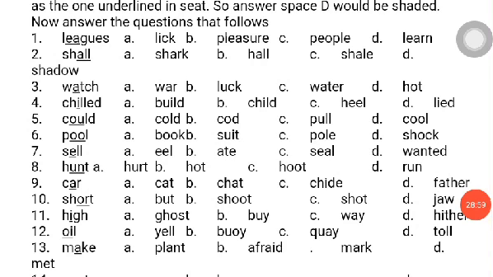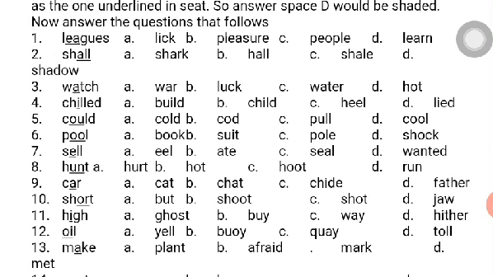So on our journey again to the question table, are you ready is the question. Let's go. Now it's number seven, and the word is SELL. The underlined part is the letter E. Option A, we have EEL.